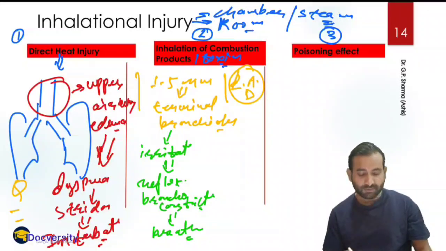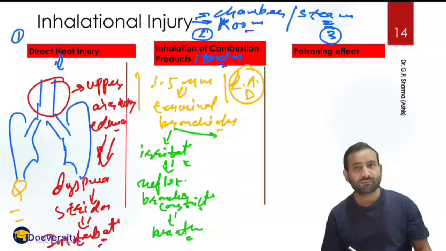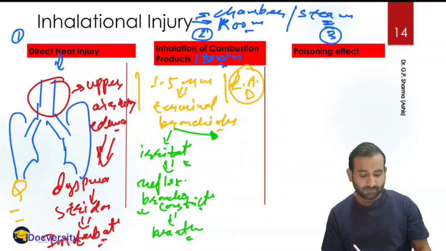And the third mechanism, poisonous effect, right? Here one more thing I have to explain in the inhalational effect, I nearly missed. So one, irritation and reflex bronchoconstriction. Another effect is the release of inflammatory mediators at the alveoli.